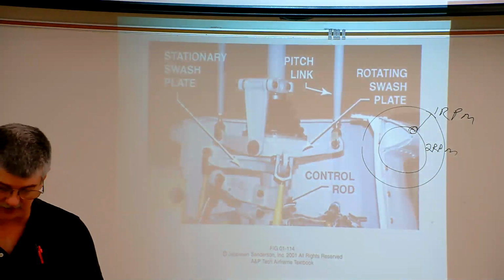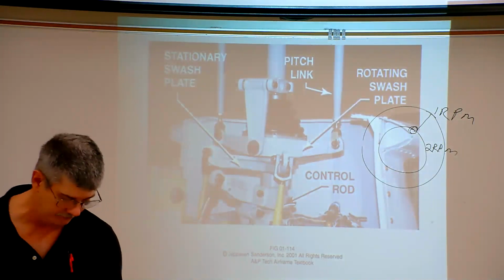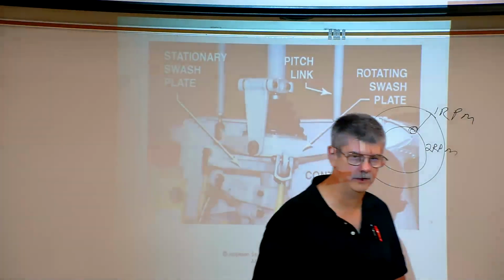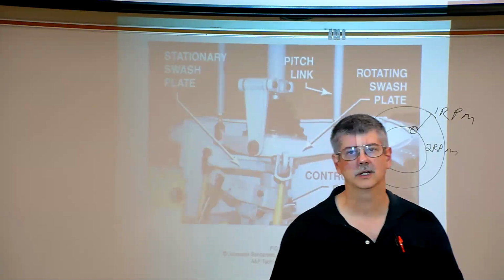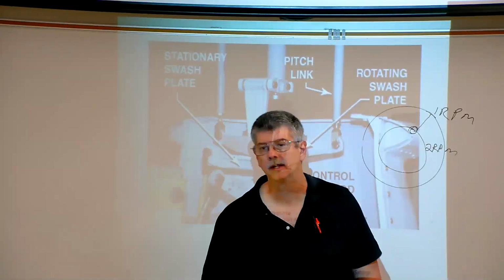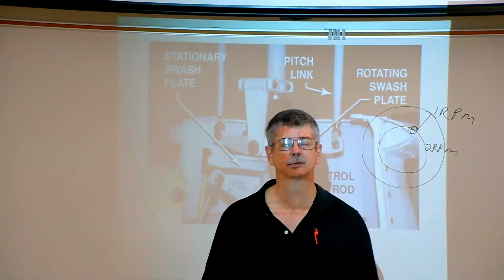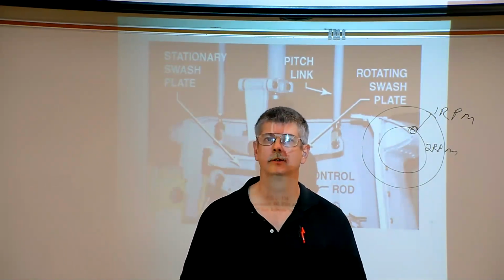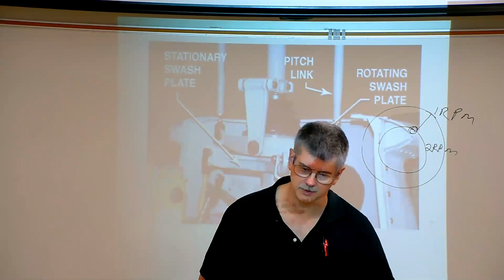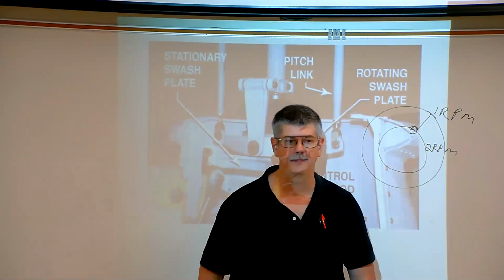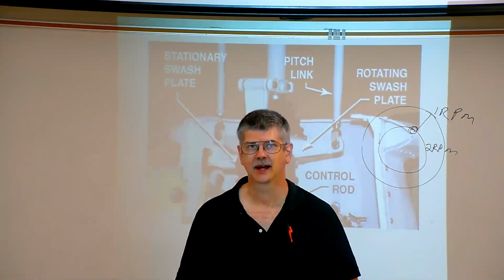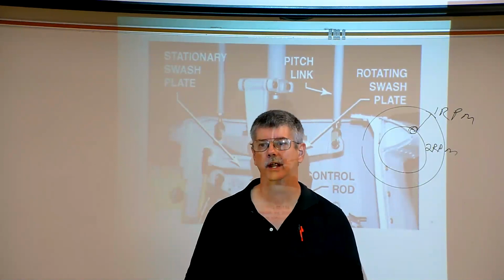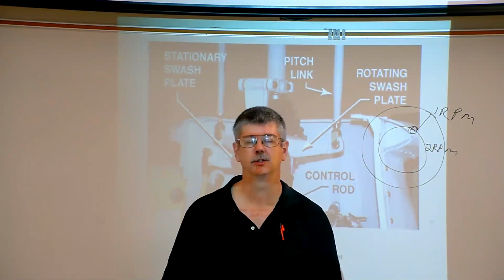We already talked about the collective pitch control, right? The throttle for the engine is usually attached to the collective. And it's kind of like a motorcycle twist grip. As you twist the throttle, we increase the power of the engine. Now, a lot of times the power output of the engine is also connected to the collective.